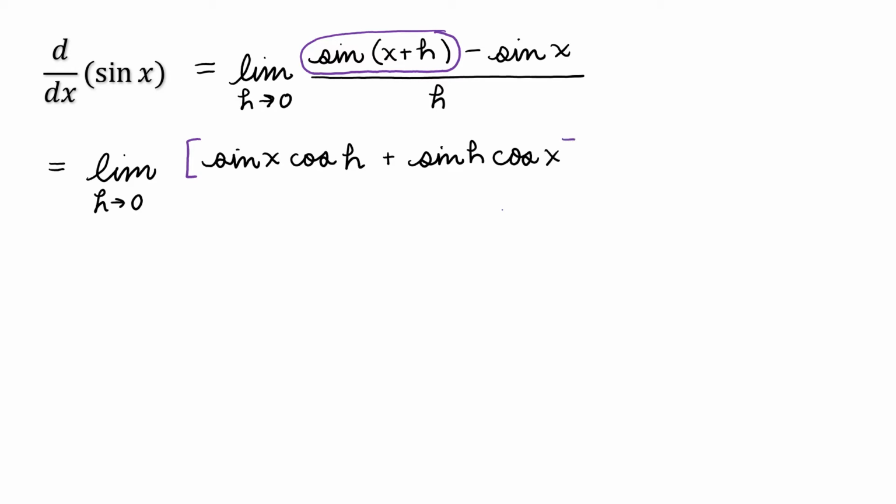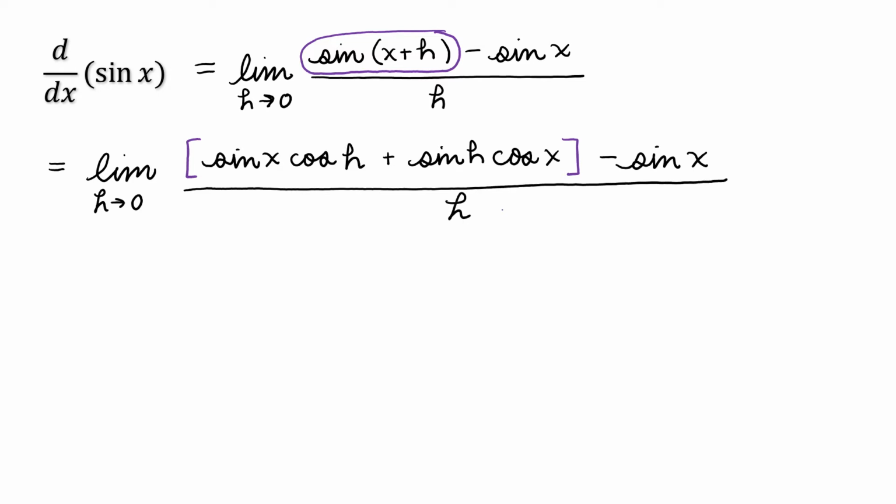So that's just rewriting our sine of x plus h using one of our identities. Then we still have our minus sine of x, and we are all over h.